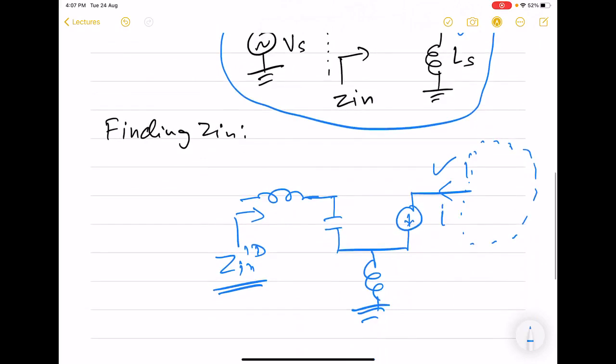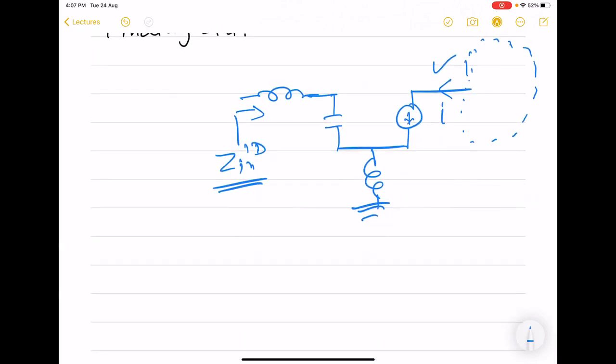So this was the Z in of the ID case, the general Z in.